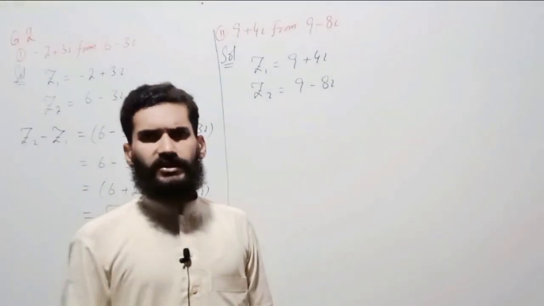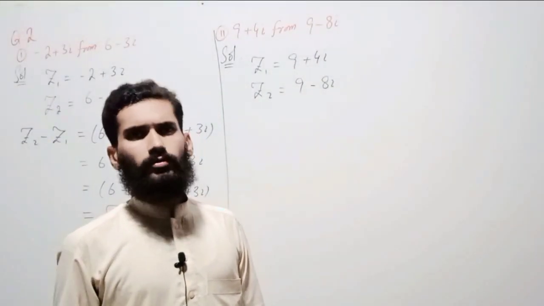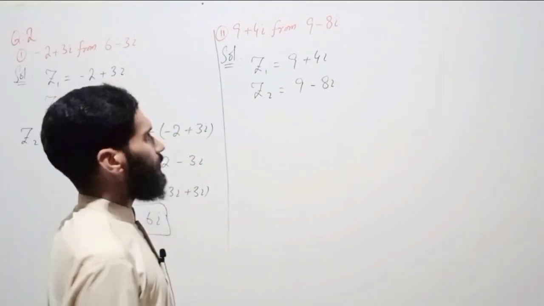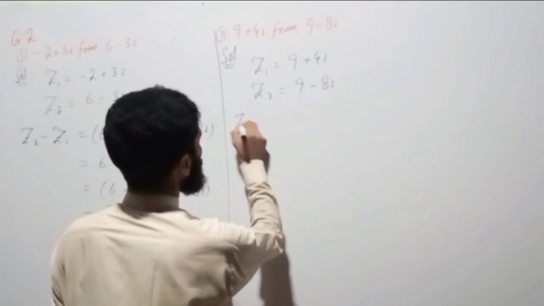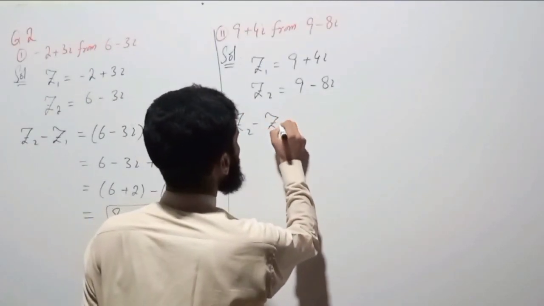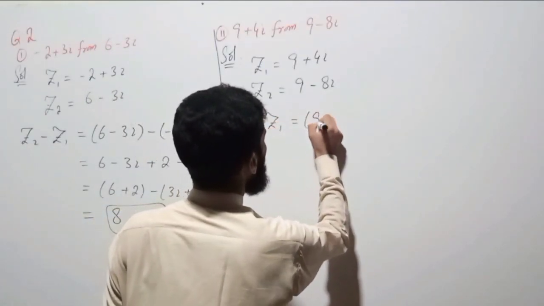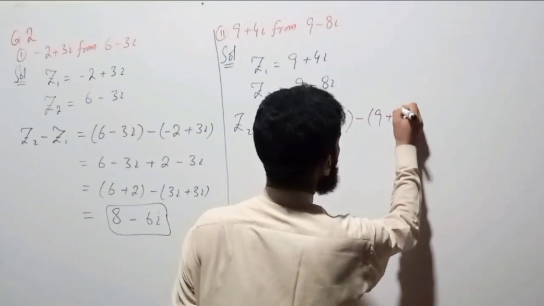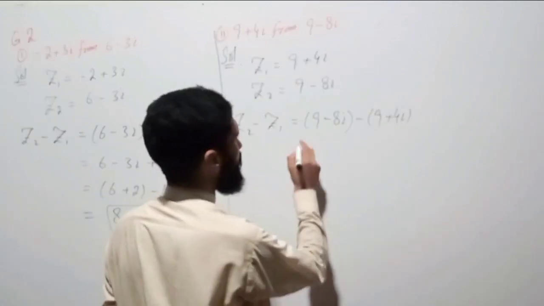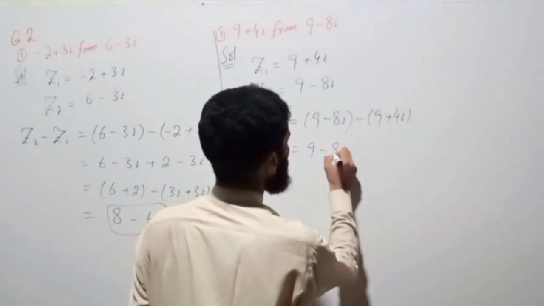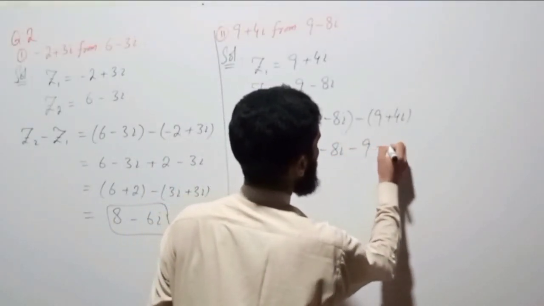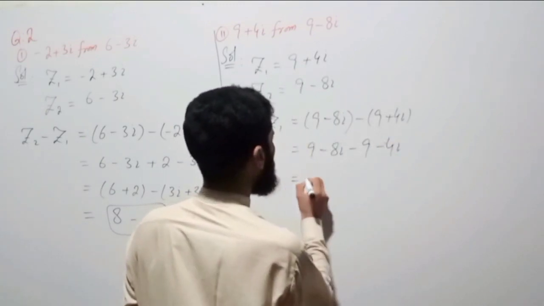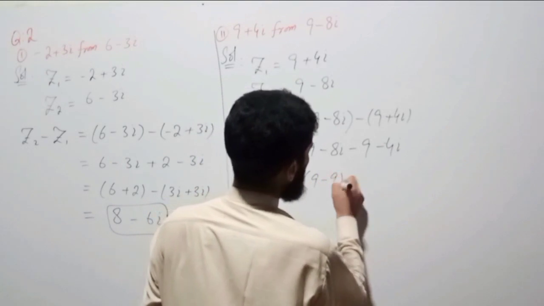The same method applies. Call the first complex number z1 and the second z2. Then z2 minus z1 is equal to 9 minus 8 iota minus 9 plus 4 iota. Now multiplying the minus sign, we get 9 minus 8 iota minus 9 minus 4 iota. Real part with real part, 9 minus 9, and minus 8i minus 4i.